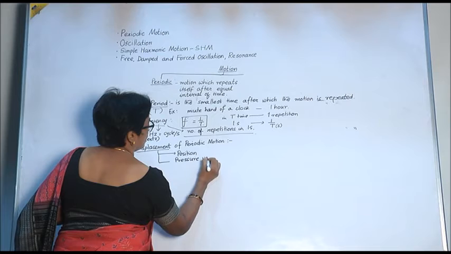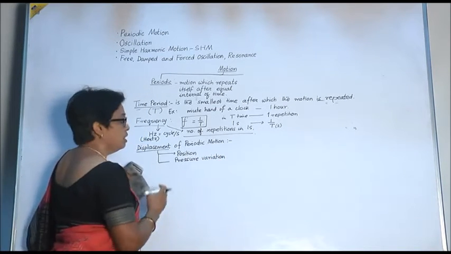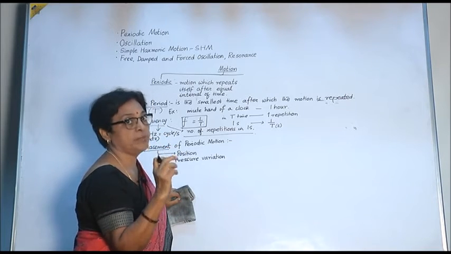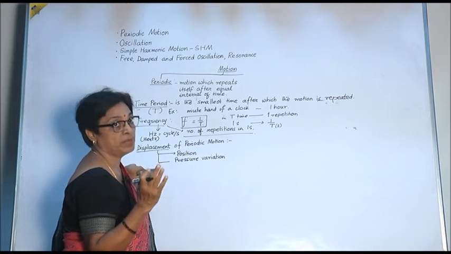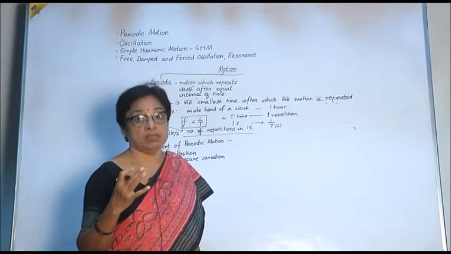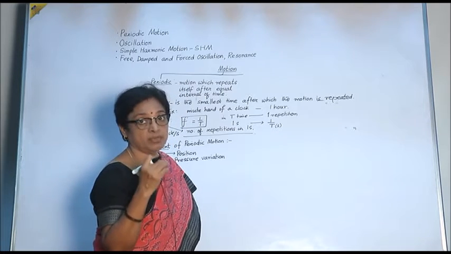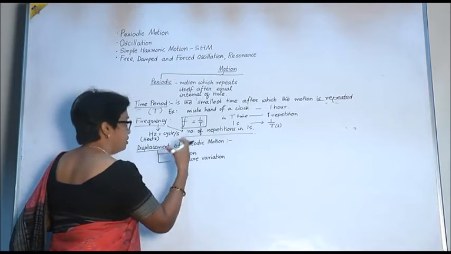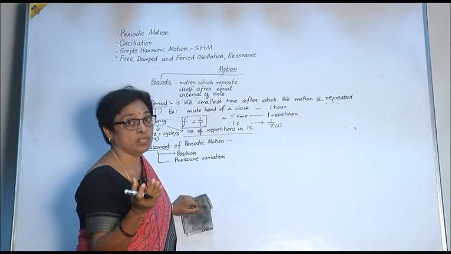Pressure changes periodically, somewhere it is compressed, somewhere it is rarefied. That is called a pressure variation. Or for example, in AC circuits, the charge on the capacitor also changes periodically, and we say that variation is also a displacement.